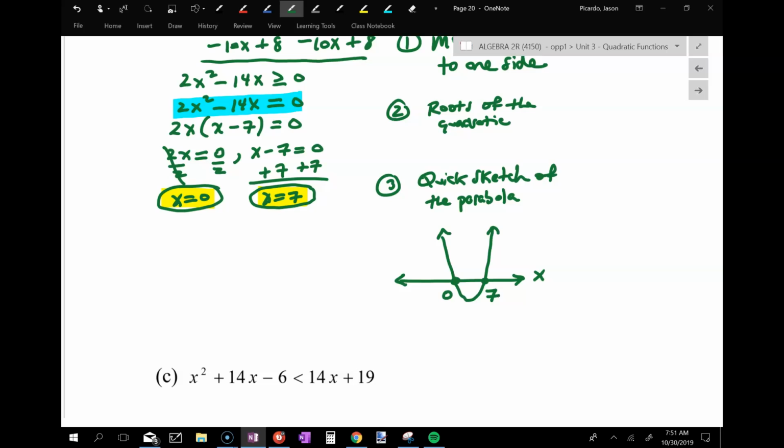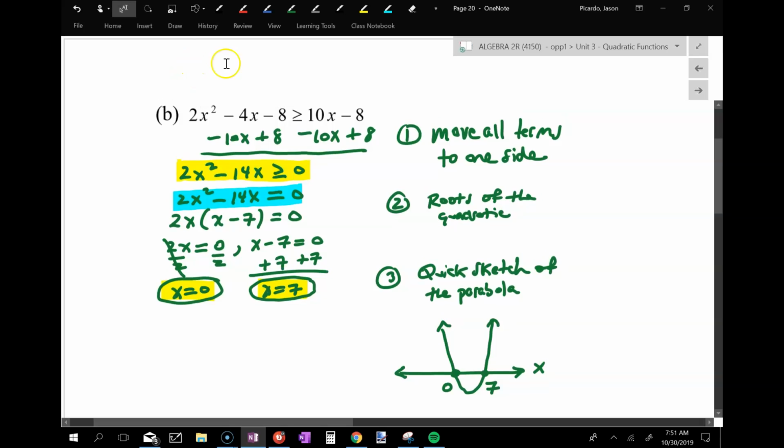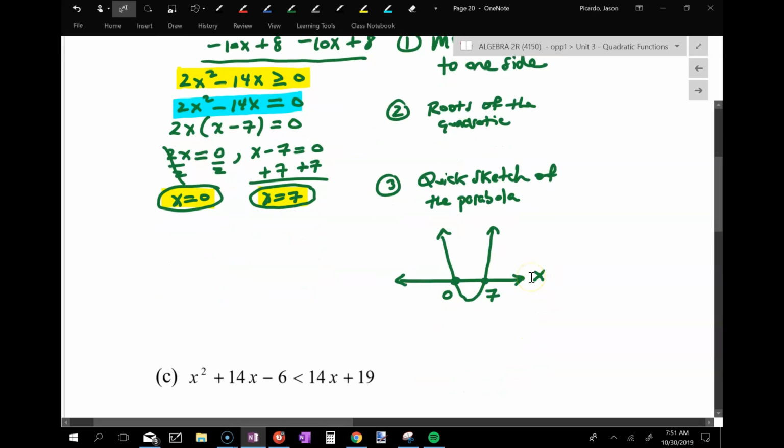But here's the key, right? Now I got to go back to my original parabola, and the step where I changed it from an inequality sign, right? What do I want to know? I want to know where the parabola is greater than or equal to 0. Well, guys, isn't this where it equals 0?